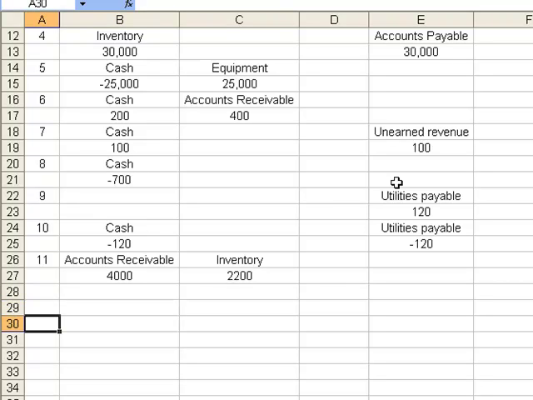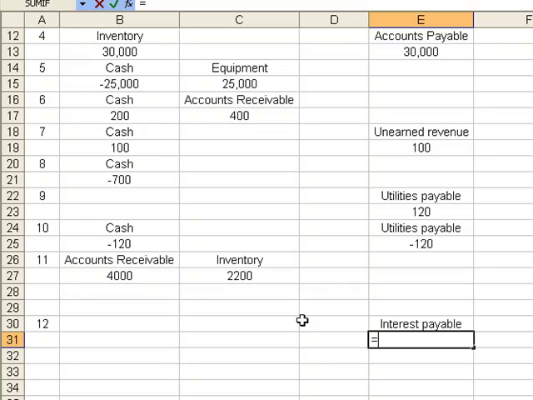So let's see how much interest expense we will recognize. Let's input this transaction as number 12. We have interest payable, which is our liability at the end of this year, in the beginning of the next year. The amount will not be the full amount that we have borrowed, but only the fraction of it according to 1 month, so only 1/12.